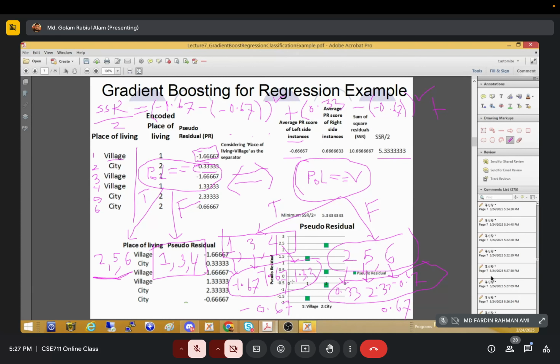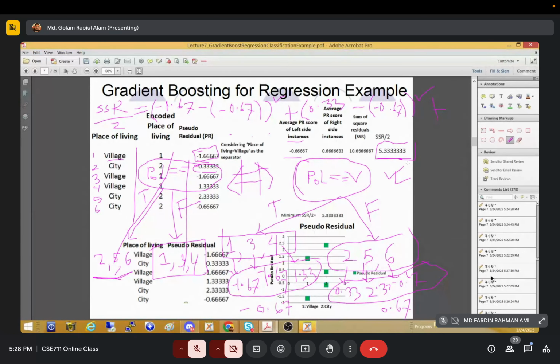So that's why it's called the mirror tree. If this is a mirror tree, no need to compute the SSR again, because we will get the same SSR. So no need to consider the mirror splitter. That means one splitter is possible in this case, and we have already computed the error, that is SSR by 2, that is 5.33.